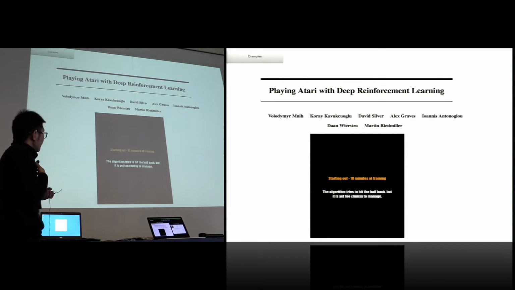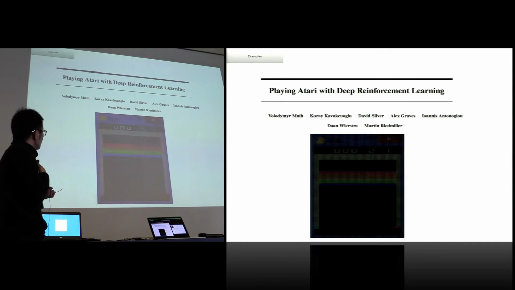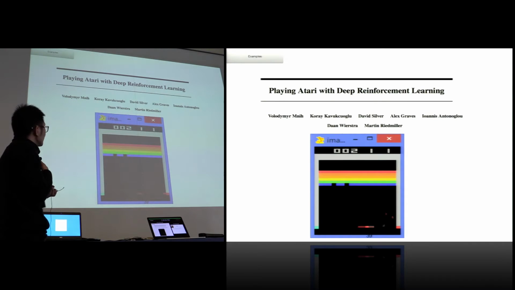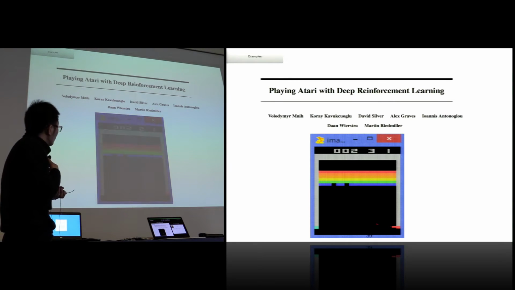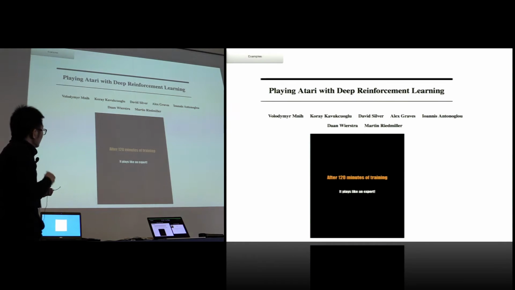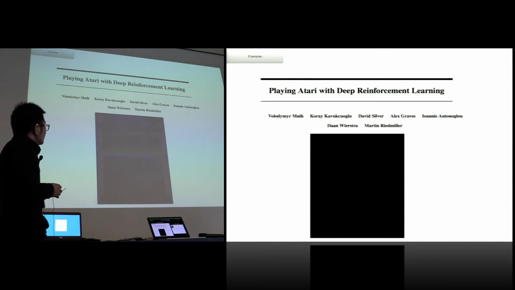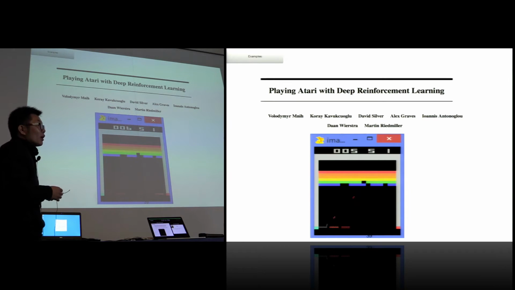This is the training at 10 minutes, and basically it didn't do much. But at 120 iterations, it plays like a normal human, or an expert. All the input is raw images, pixels, and you give it a reward.